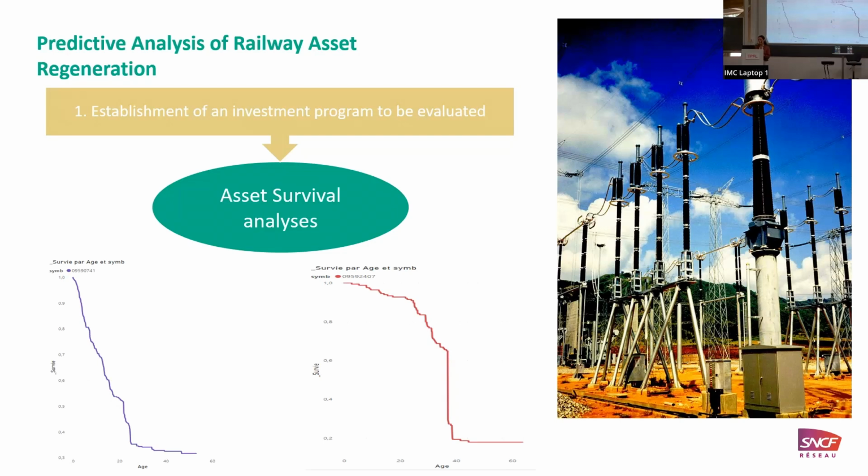For example, here the curve indicates that assets perform well until the age of 20. I don't know if it's clear. The first one, the age of 20, we can see it here.